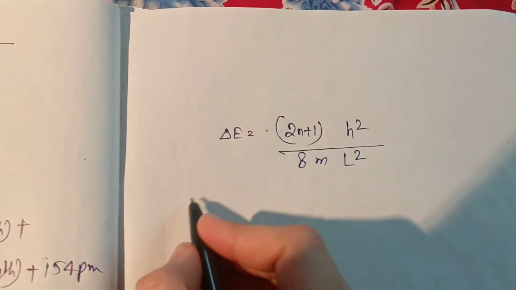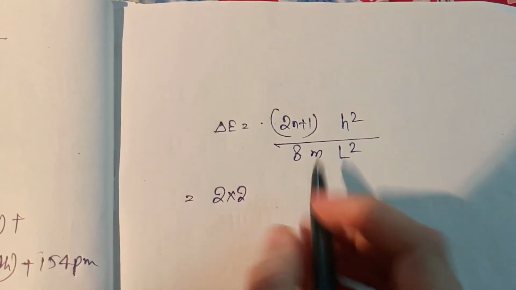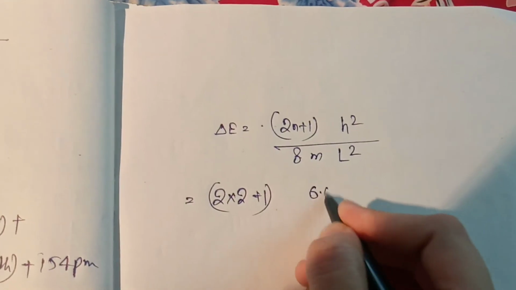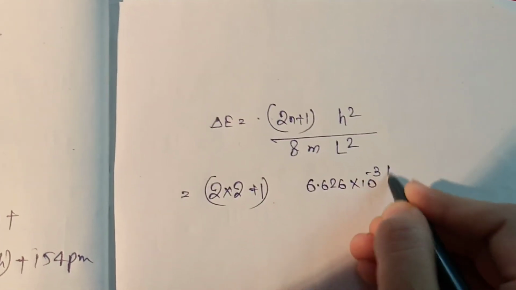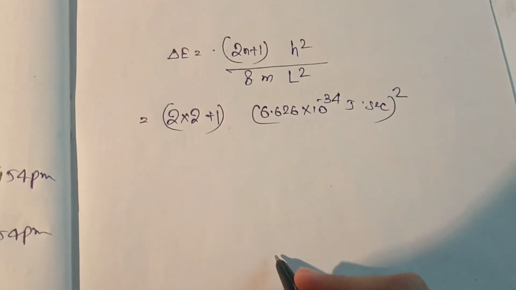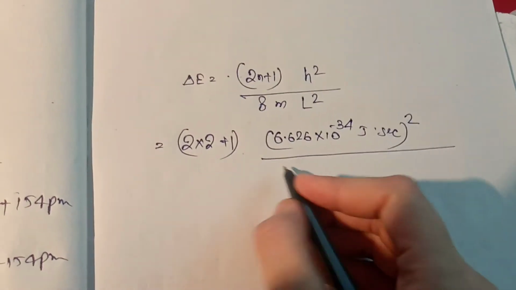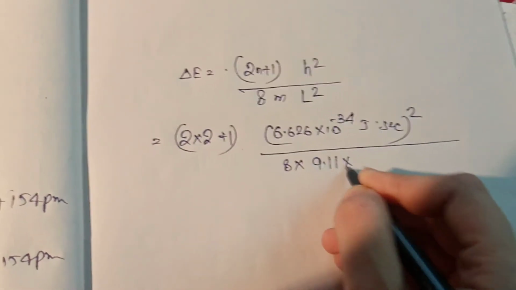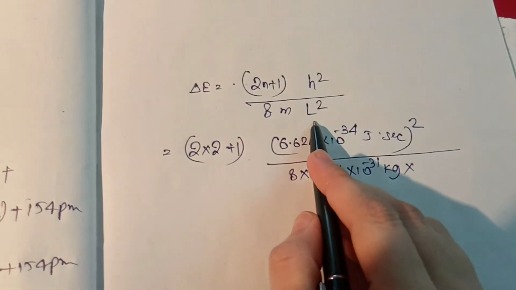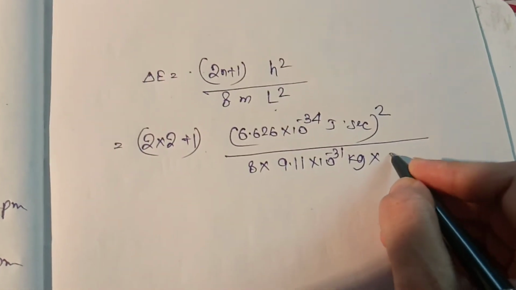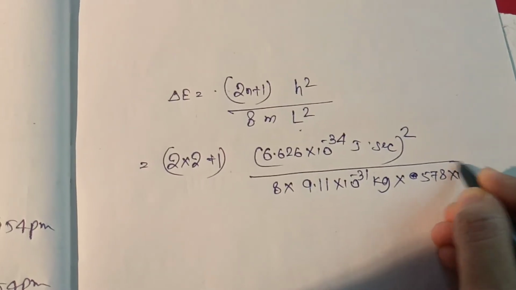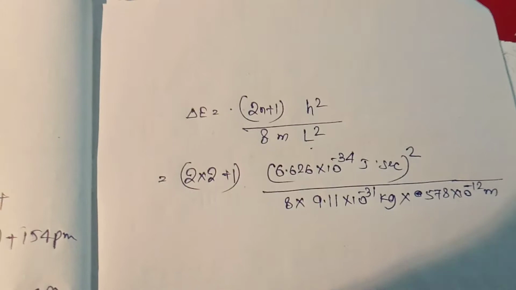So one by one we will put all the values. 2 into 2 in place of n, we are putting 2 plus 1 into h square, 6.626 into 10 to the power minus 34 joule second, whole square, divided by 8 m, 9.11 into 10 to the power minus 31 kg, into L square. The length of the box that we calculated is 578 into 10 to the power minus 12 meter.